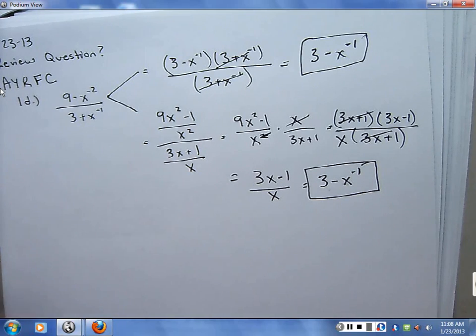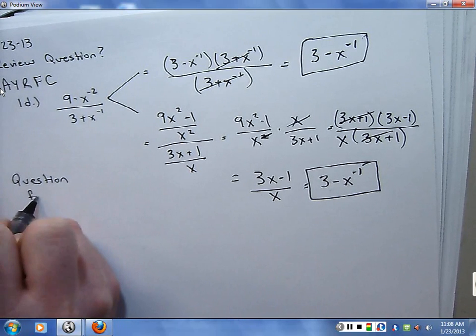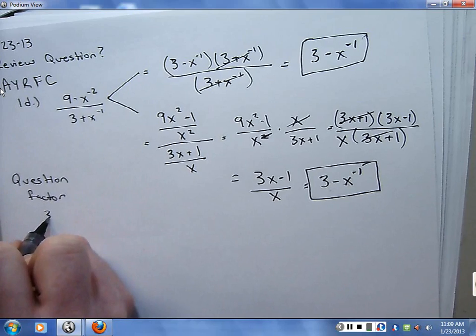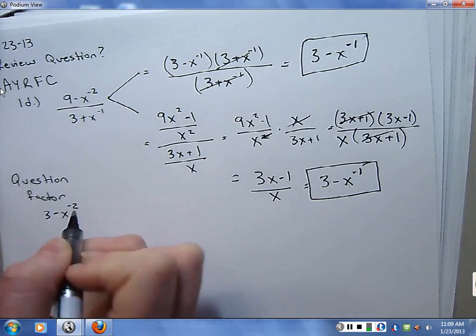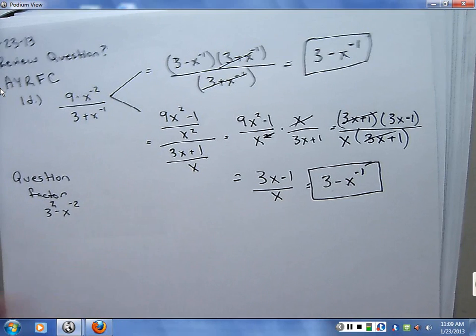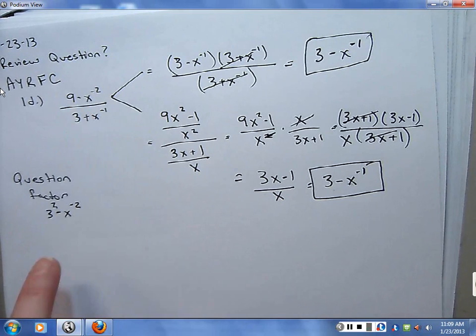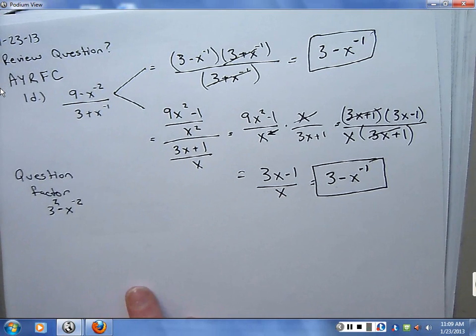So the question was, can I factor 3 minus x to the minus 2? I can't do 3 plus x to the minus 2 because that's not a difference of squares. Well, that's exactly what that is. It's just not written in that form. Yeah, but what I'm saying is that because the x is having minus 2.